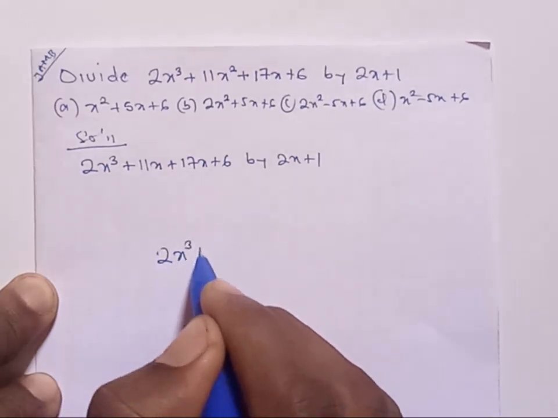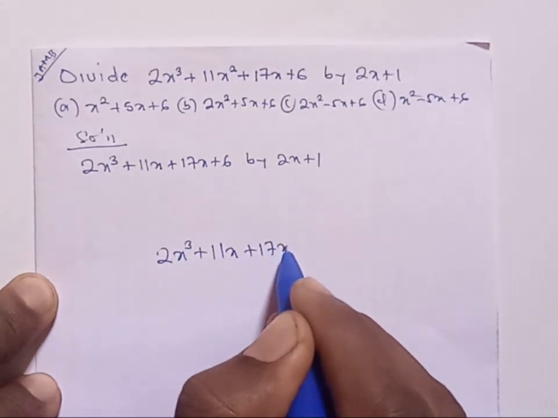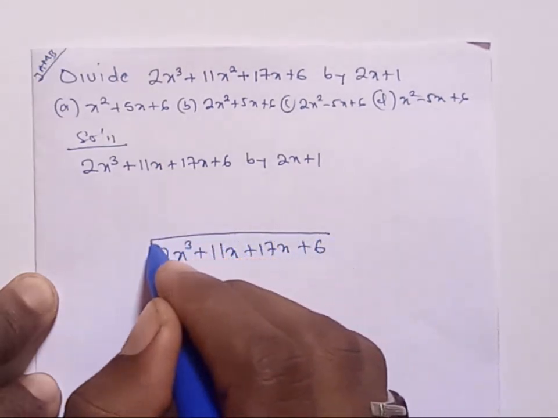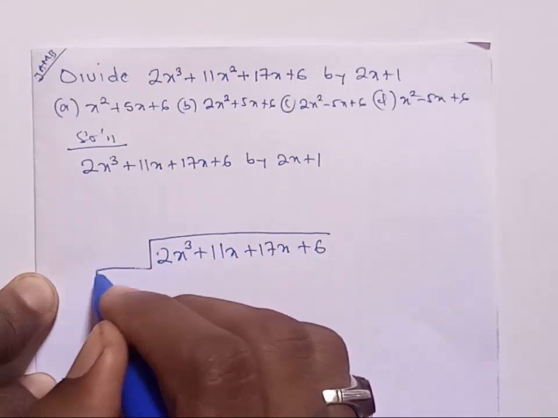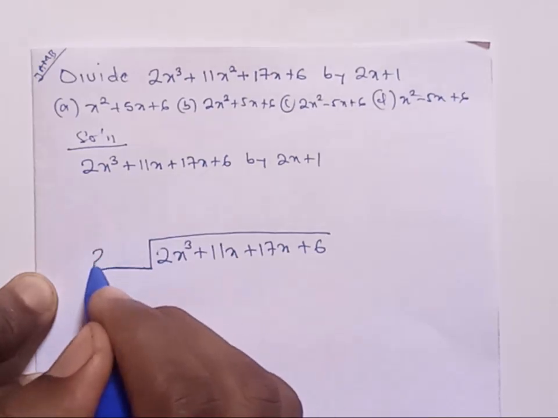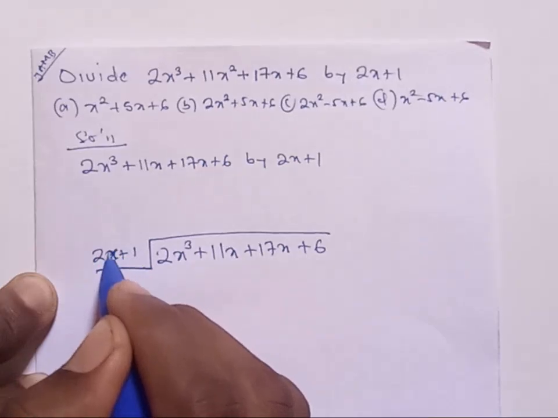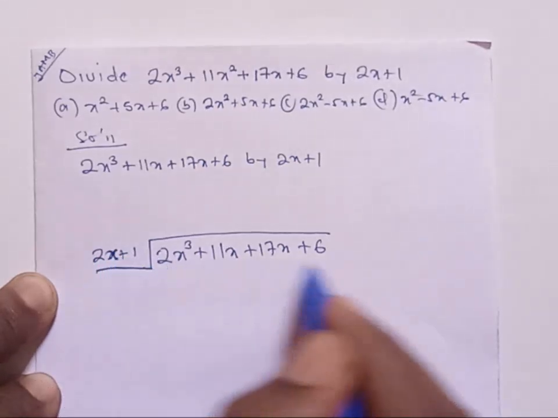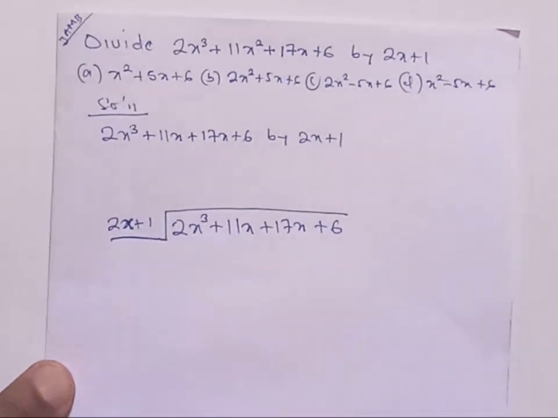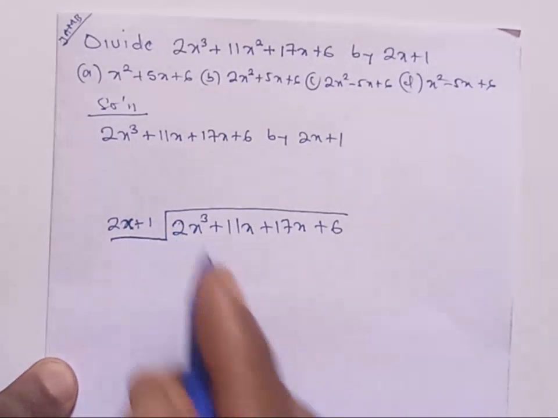So we are dividing 2x cubed plus 11x squared plus 17x plus 6 by 2x plus 1. You remember our primary school method. We take the first element of the dividend and the first element of the divisor.